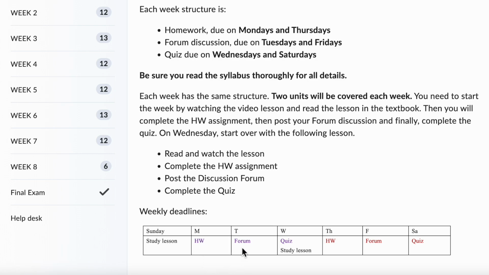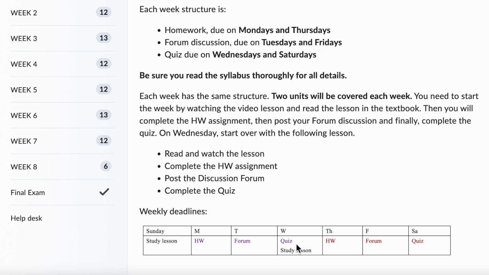On Tuesday is the deadline for the forum, and on Wednesday is the deadline for the quiz. I will explain in a moment what are each of these things, but the structure of the week is like that. You start studying on Sunday, on Monday, deadline for homework, on Tuesday, deadline for forum, and on Wednesday, deadline for quiz.